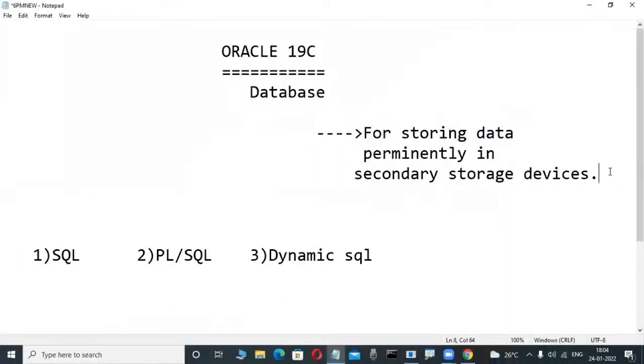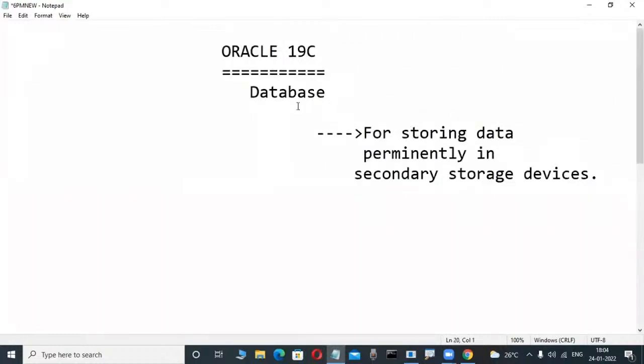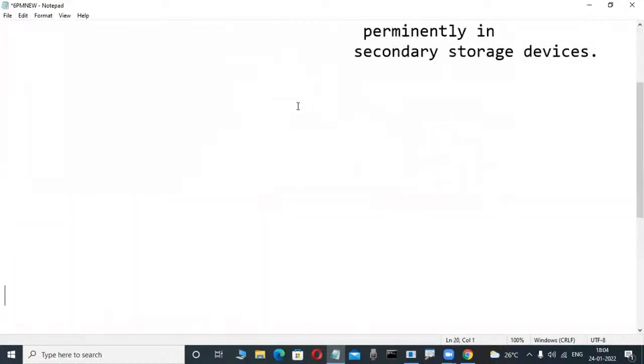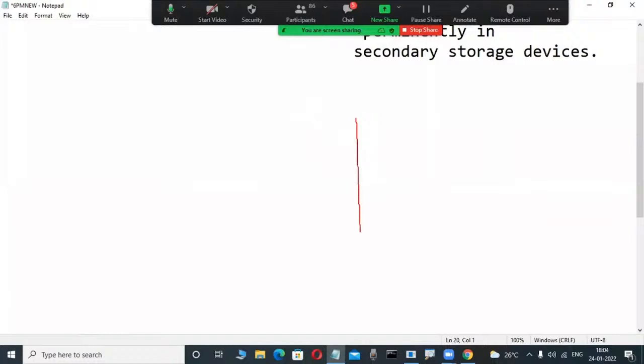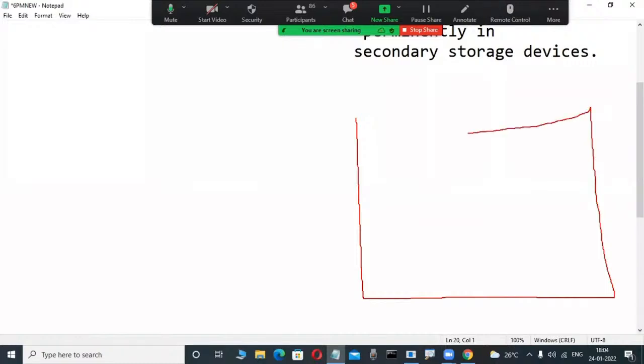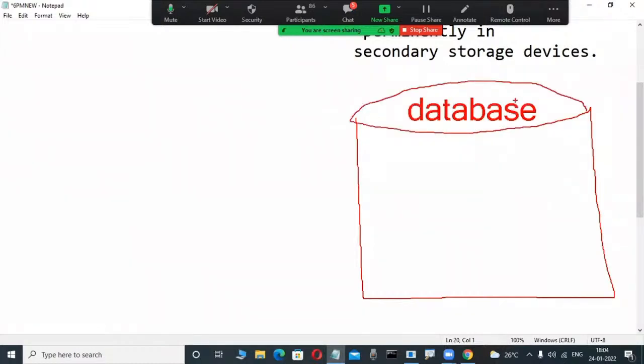But unfortunately, as I told in previous classes, observe slowly here: a database is a place. Whenever we install Oracle, SQL Server, DB2, these type of databases in our system, automatically one place is created. That is called a database. But these databases, Oracle, SQL Server, DB2, Sybase, do not store a random collection of data.